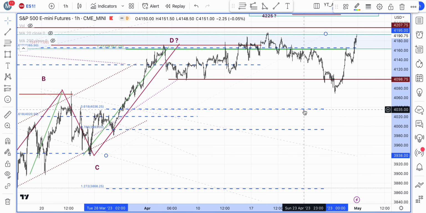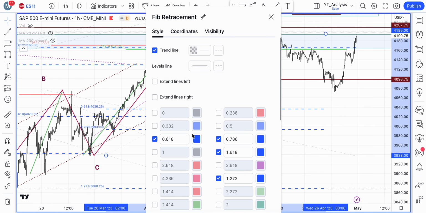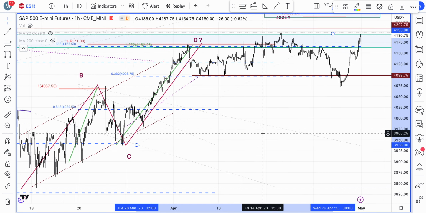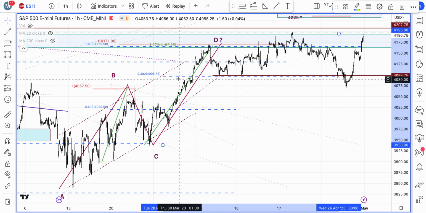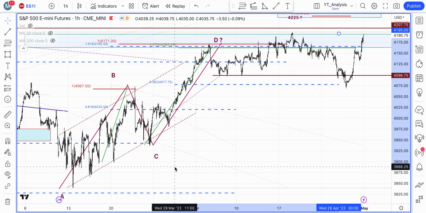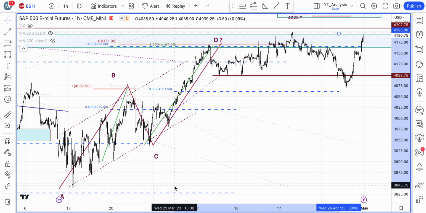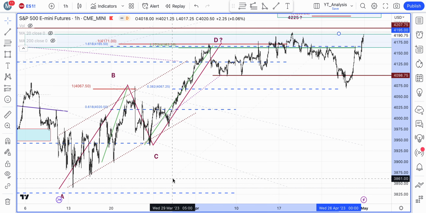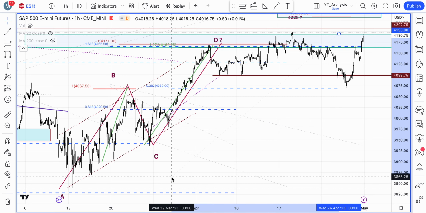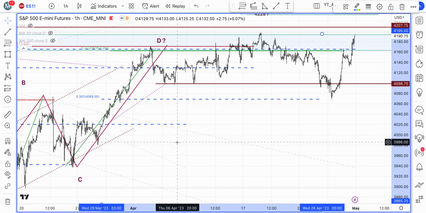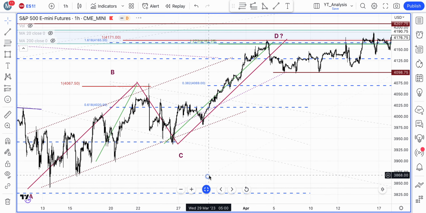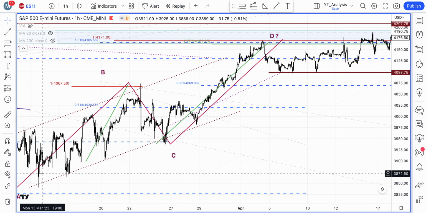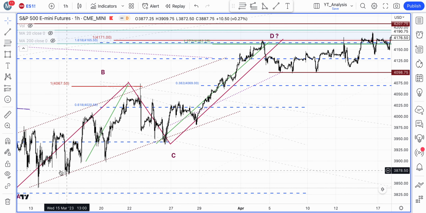So this was the exact bottom. If we blow it up a little bit, you will see these are just flushes down.